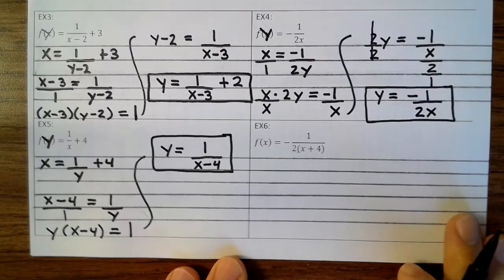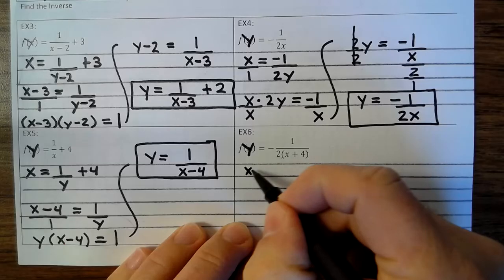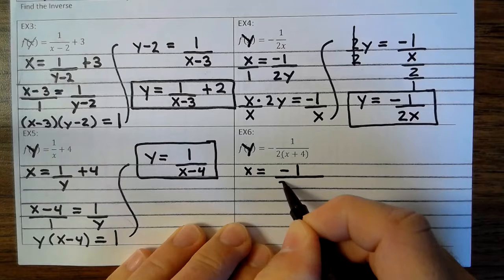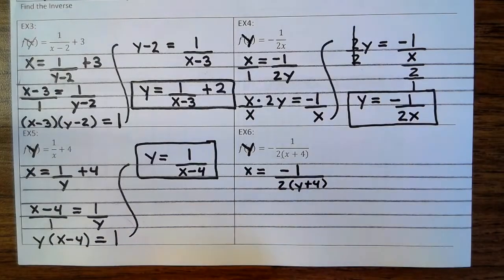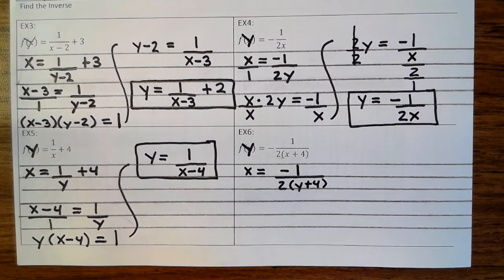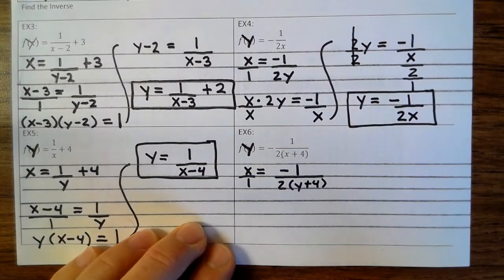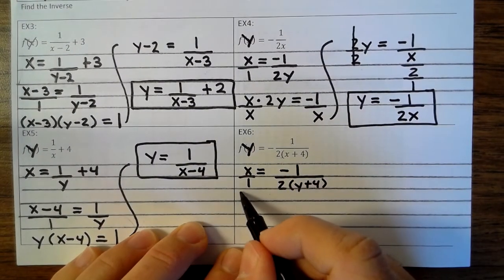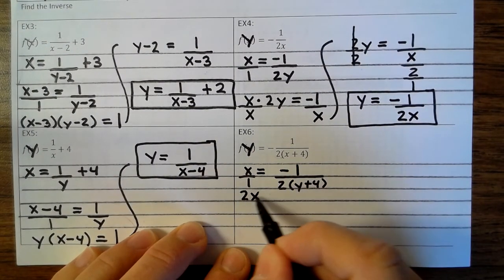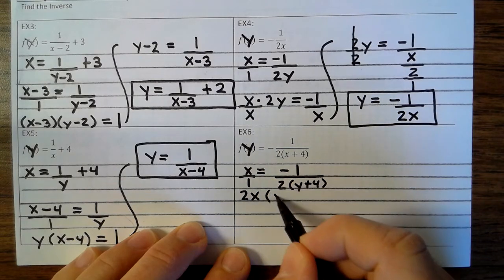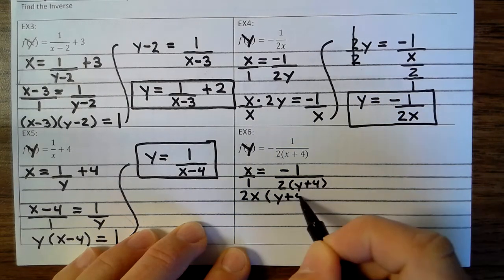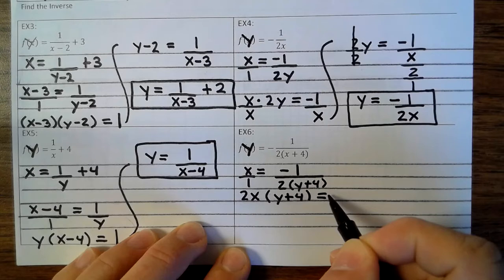All right, example 6. Change f of x to y and then switch x and y. So x equals negative 1 divided by 2 times y plus 4. Divide this by 1, cross multiply. You have 2x times y plus 4 equals negative 1.